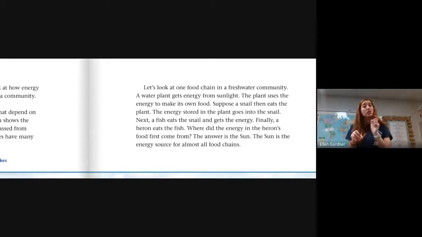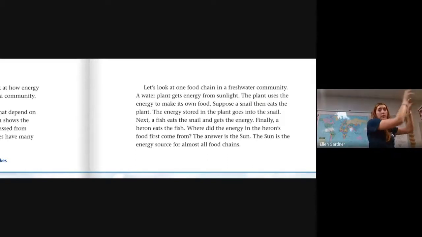Next, what if a fish eats that snail, and then the fish gets the energy? Finally, a heron, which is a type of bird, eats the fish. Where did the energy in the heron's food first come from? The answer is the sun. The sun is where the energy originates for all of these animals and plants.